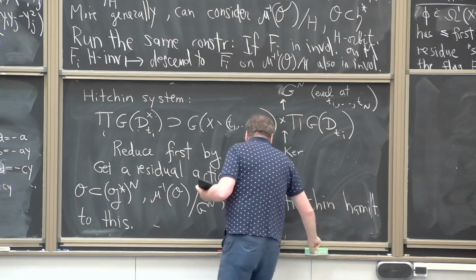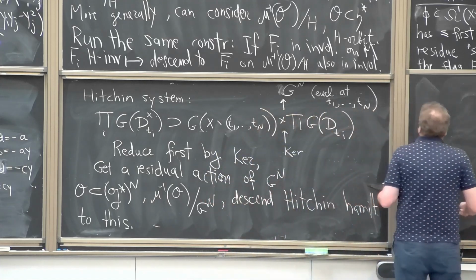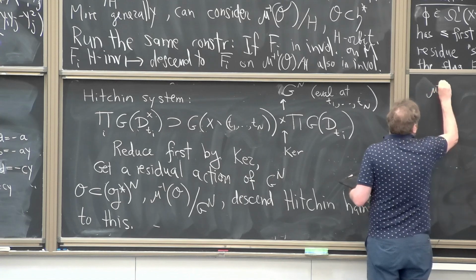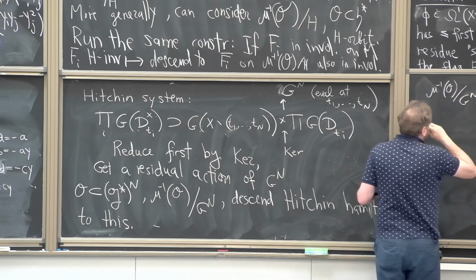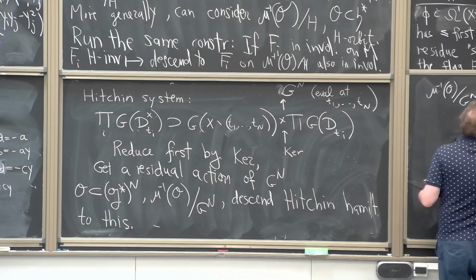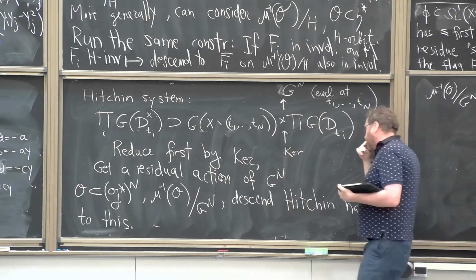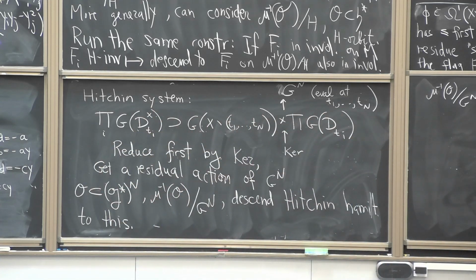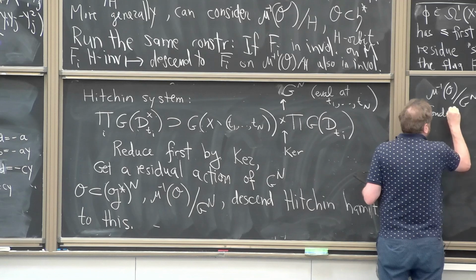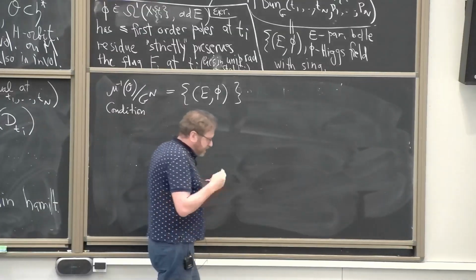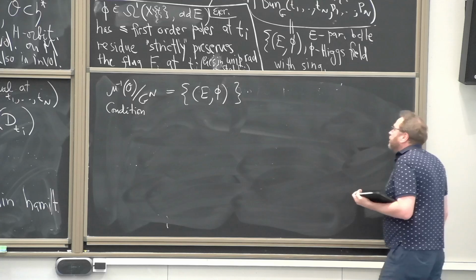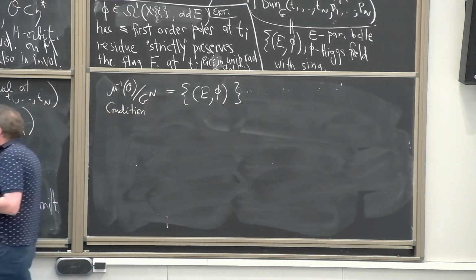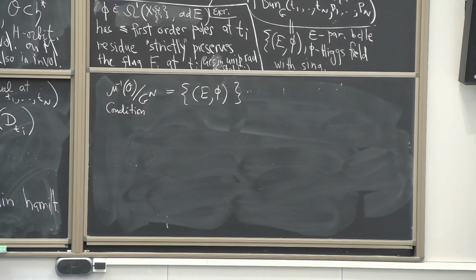Okay, so let's see what the condition will be. This should create some condition. So this mu inverse of O modulo G to the n will be the set of pairs E, phi. This will be some sort of twisted cotangent bundle of parabolic bundles.